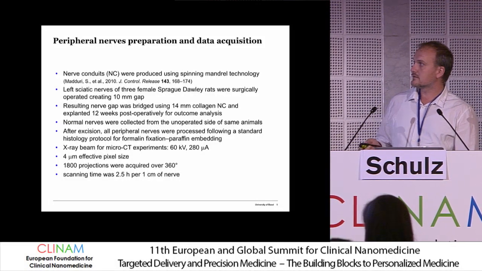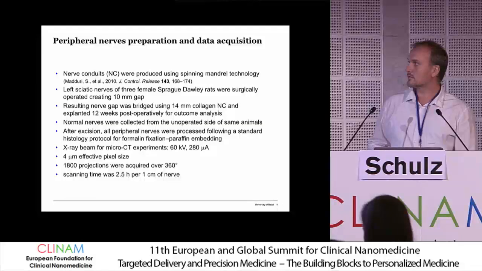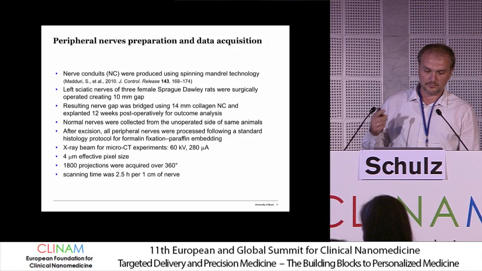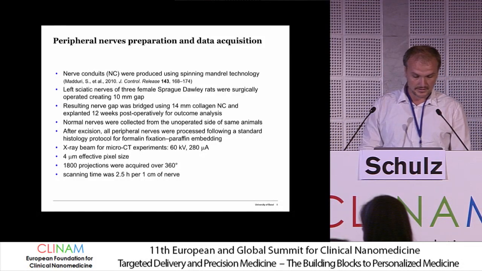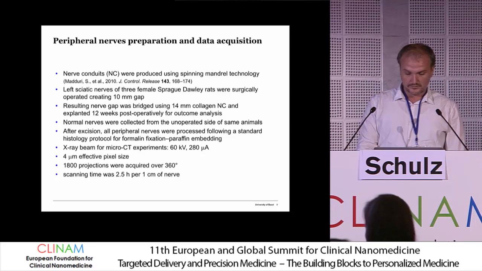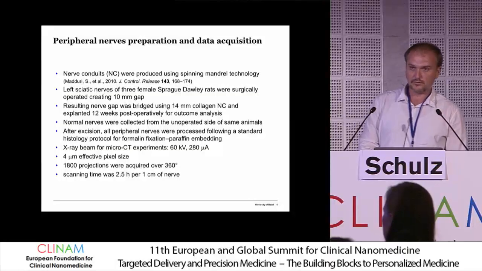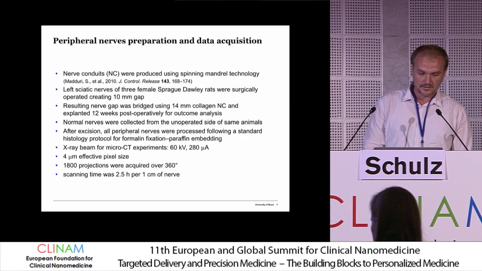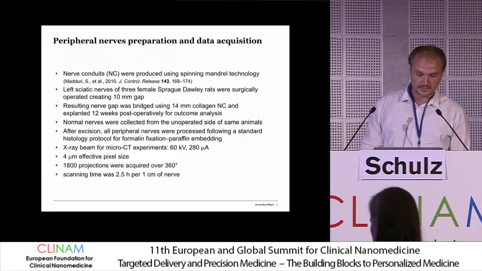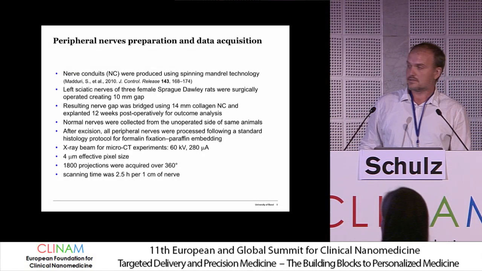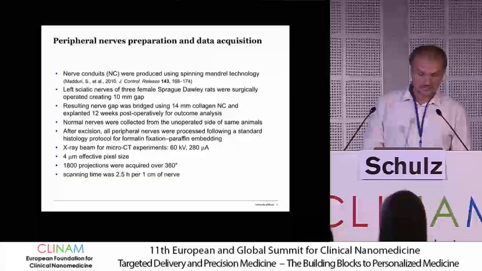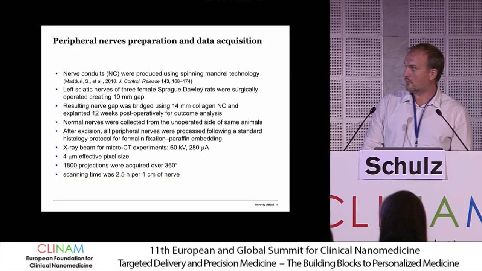For comparison, normal nerves were collected from the other side of the same animal. After the extraction, the specimens were paraffin embedded. The experiments were done with the system I just showed, with a 60 kV acceleration voltage and 280 microamperes current with a pixel size of 4 micrometers.